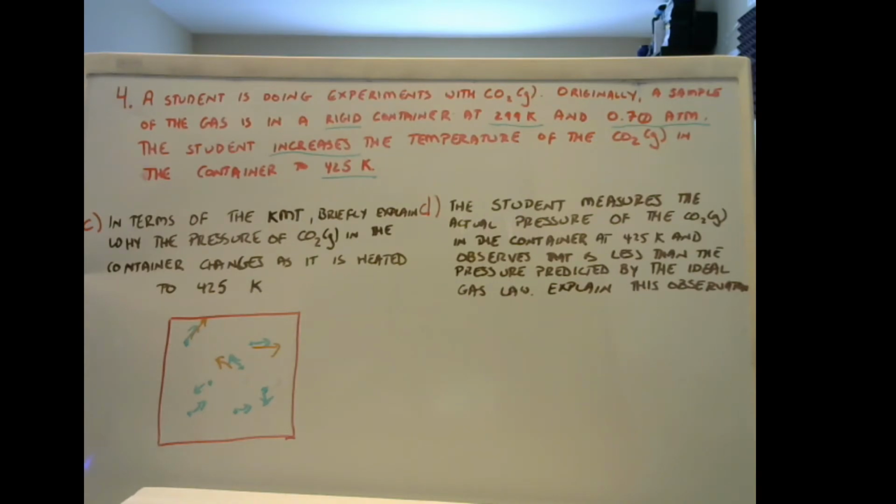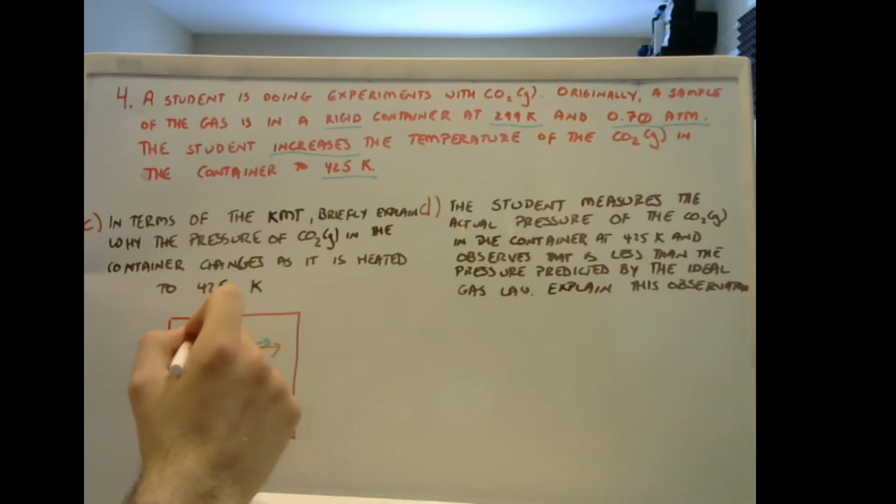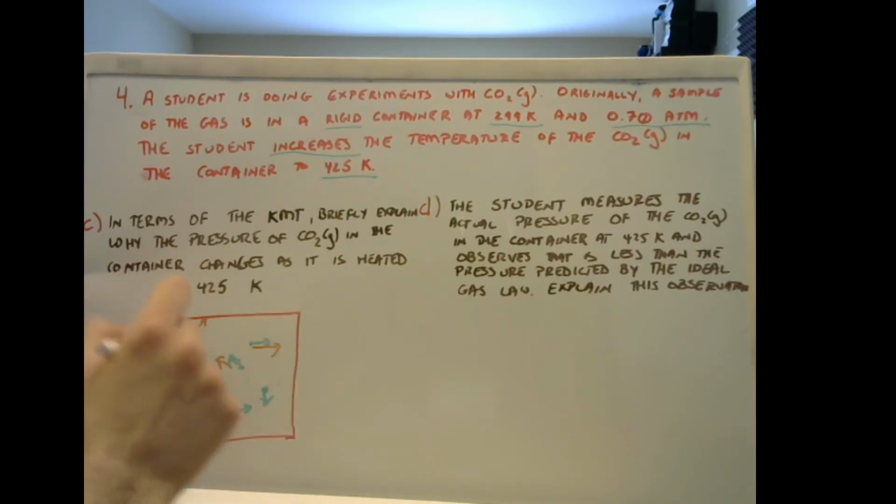Now, two things happen because of this. First, when you start moving faster, you're going to hit the walls more often. The time between hitting this wall and then bouncing and hitting this wall is much smaller. And because pressure is a measure of how frequently and hard molecules hit the wall in a small container, as the frequency goes up, so does the pressure.